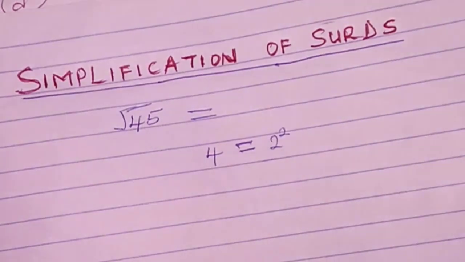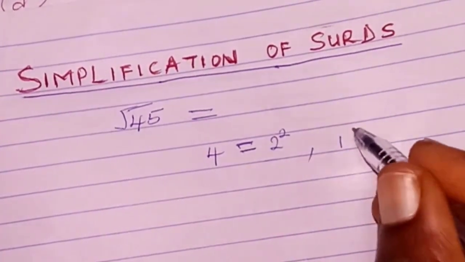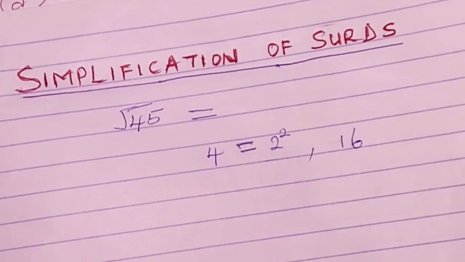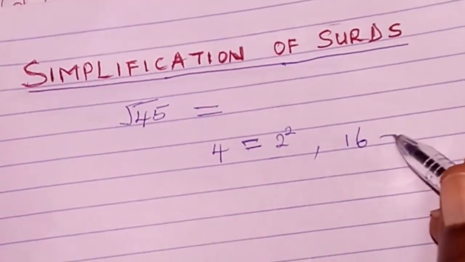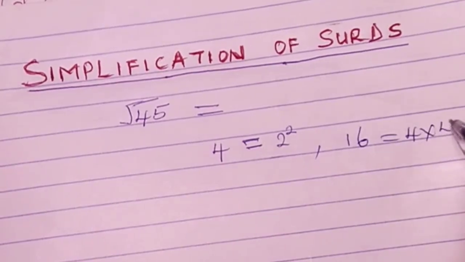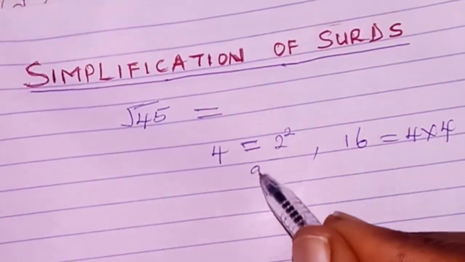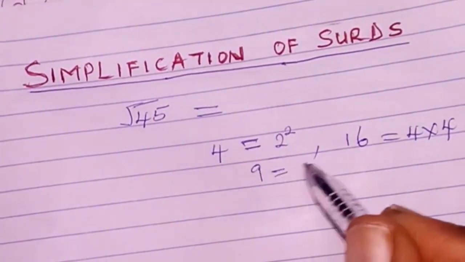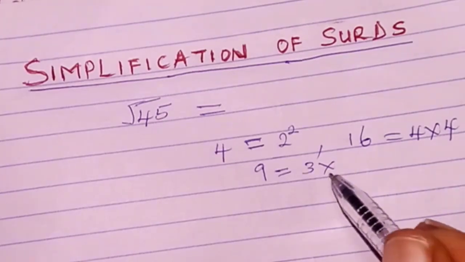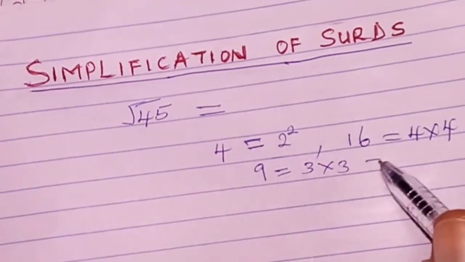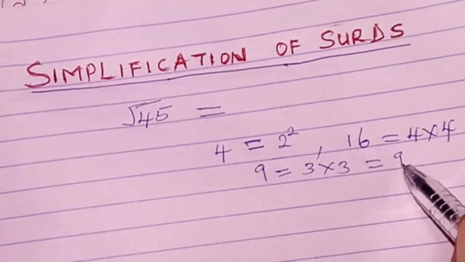Likewise, 16 is a perfect square because 4 times 4 gives me 16. 9 is a perfect square because 3 times 3 gives me 9.